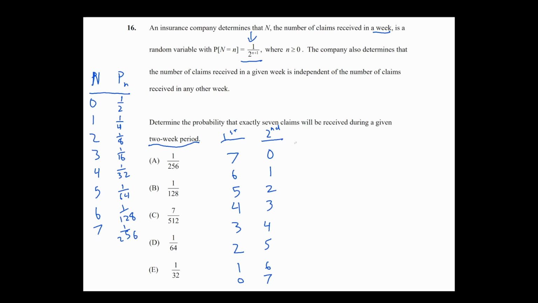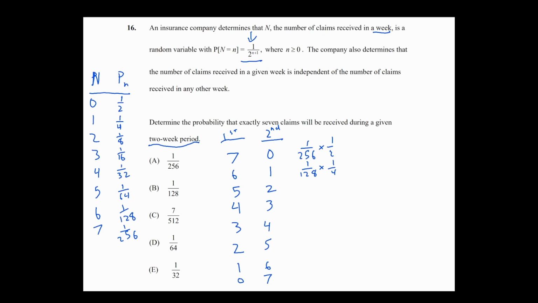So let's start with actually calculating the probabilities. In the first week, we can have 7 claims and 0 claims. So that's going to be 1 over 256 times 1 over 2. The next set is 6 claims in the first week, 1 claim in the second week. So that's going to be 1 over 128 times 1 over 4.